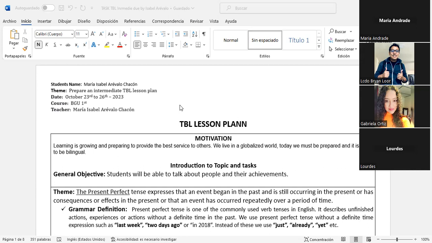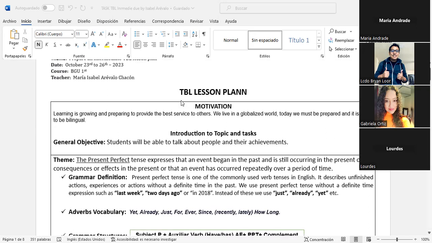I did this one because today I started with a third year of high school. With them, I'm working with the present perfect versus simple past tense. I started with a motivation, telling them how important it is to learn English today.